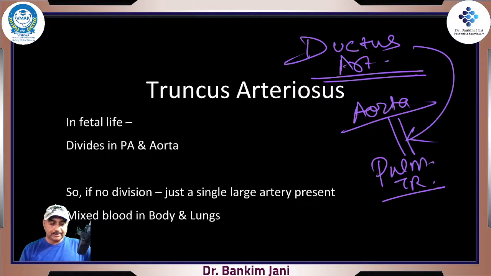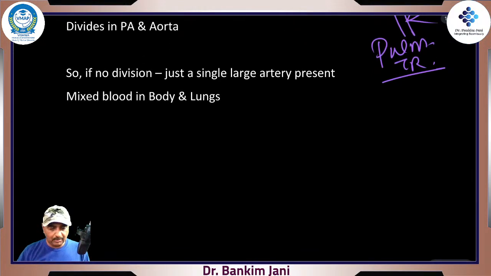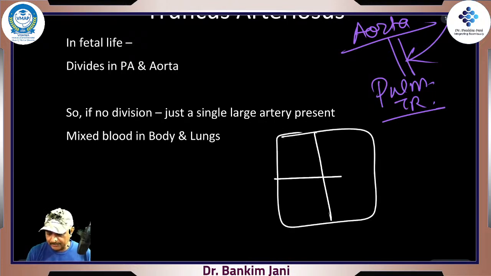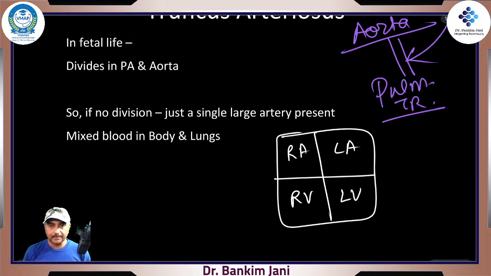This is in fetal circulation, right? Truncus arteriosus is completely different. Truncus arteriosus is that trunk in which there is a formation of a spiral septum, and it leads to the formation of the large arteries. So initially, I would really draw it like this. Let's draw our heart like this, very simple. So right atrium, right ventricle, left ventricle.